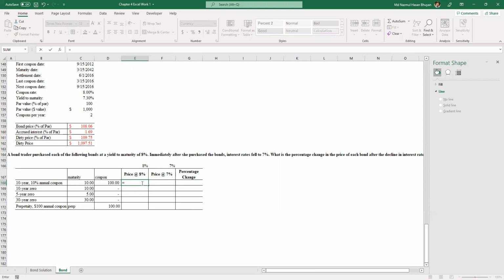PV, then rate, then NPER, so we know the maturity, then PMT, next face value, and we know face value should always be 1000.